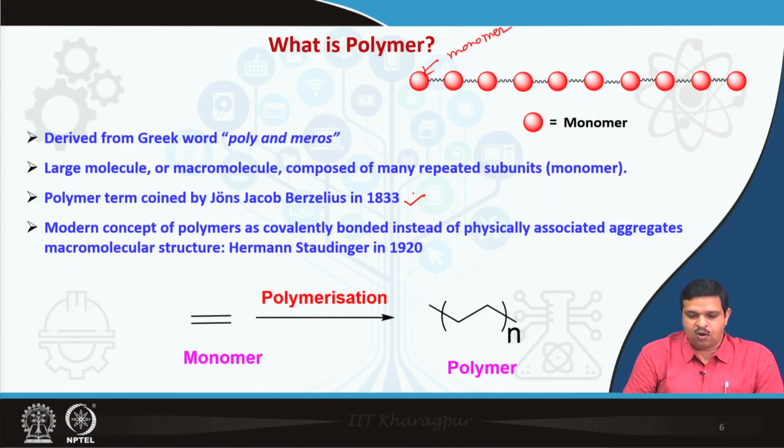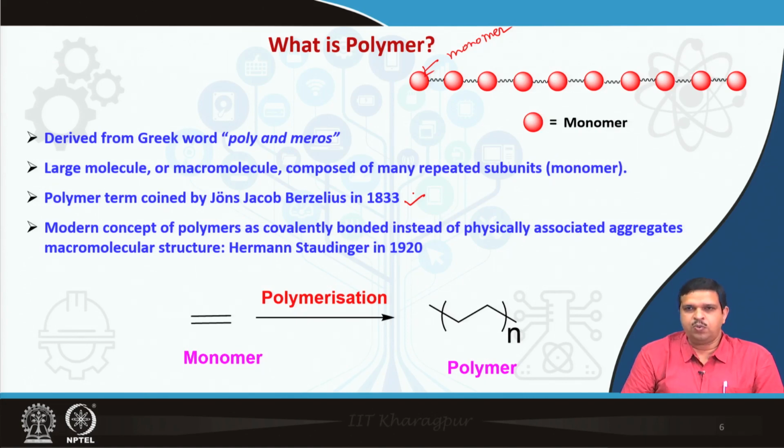However, the polymer field was not popular until 1920, because it was very difficult to realize what kind of material it is, as I told, the properties are very different from the monomeric molecules.